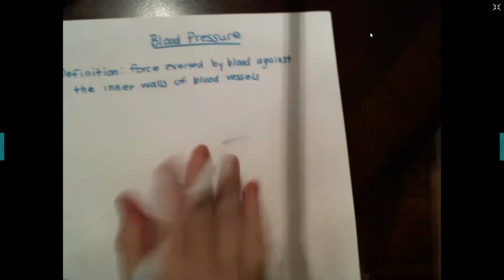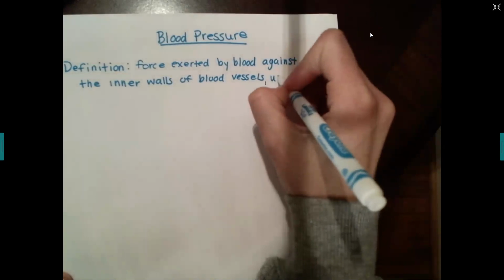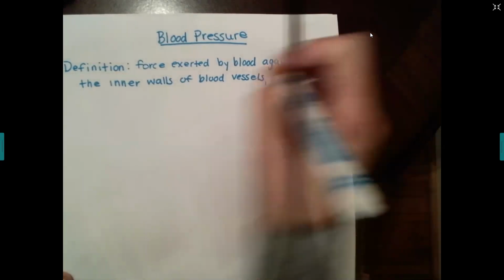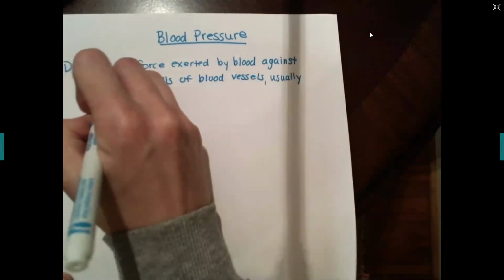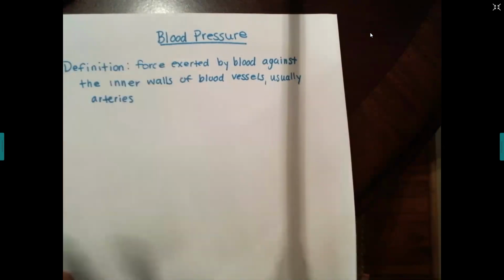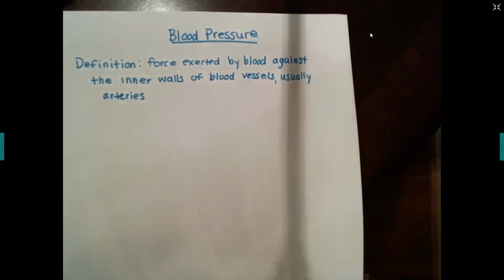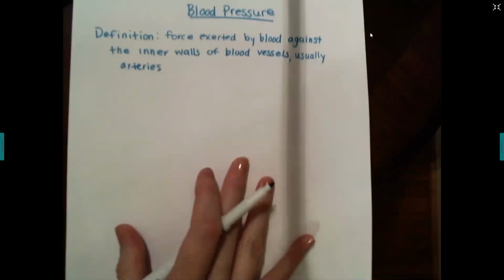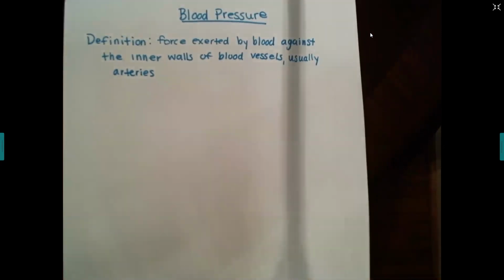Okay, so let's write in here that this blood pressure is usually in the arteries. That is arterial blood pressure, found in the arteries. Most of us would be familiar with blood pressure based on a number.